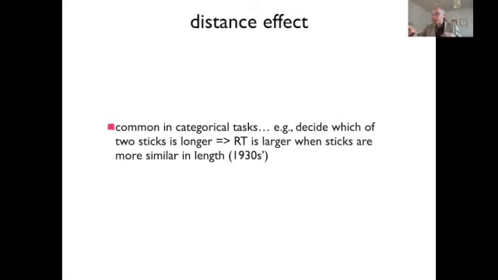For instance, in the original study, you got two sticks presented to you, and you have to say which one is the larger one. Maybe you can't touch them, just look at them. And in that, the reaction time is longer the more similar in length the two sticks are, right? Makes a lot of sense.